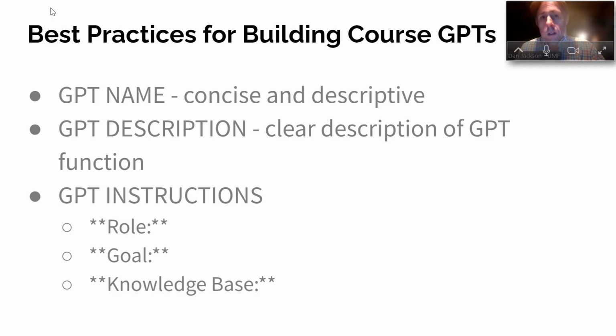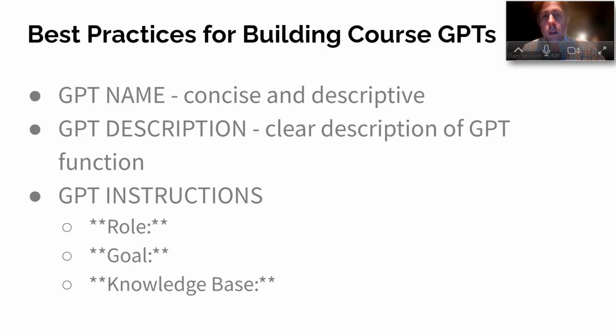And the GPT instructions itself, I typically will use a role, goal, knowledge base structure in those instructions. And so we'll take a look specifically at the Math 105 set of instructions here in a minute. But the role, tell it what it is. It's a course assistant for a specific type of student.